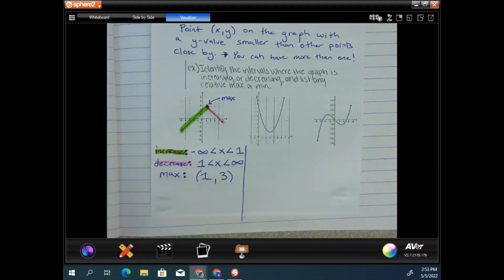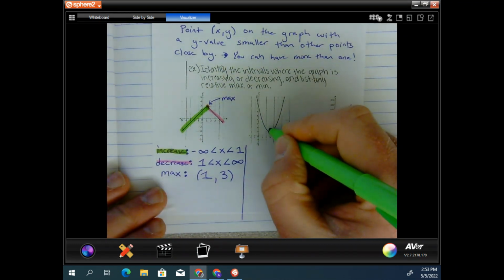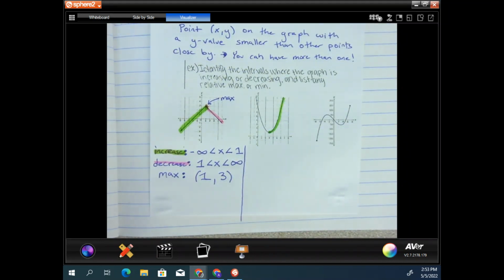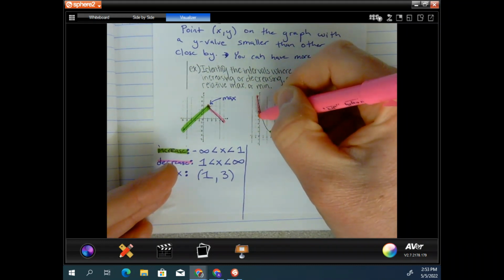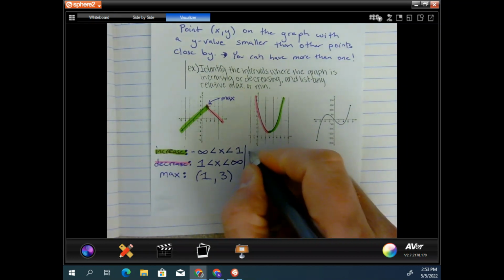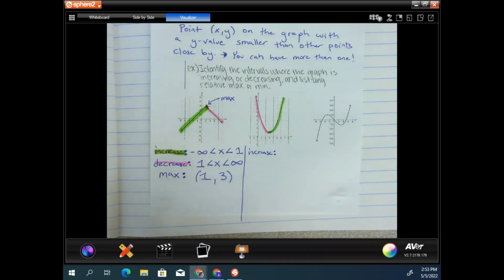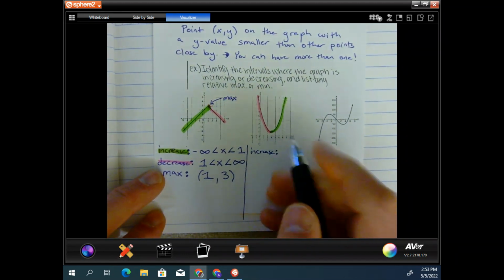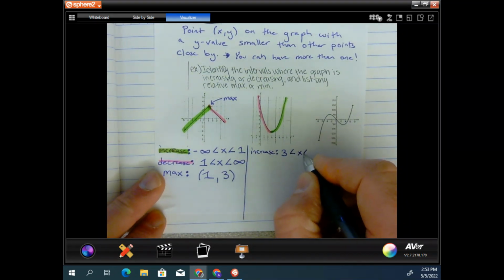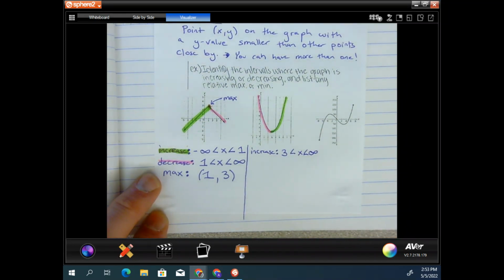And then I look at my next graph, and it does the opposite movement of my previous one. So here's where it starts increasing, which is green still, and here's where it's decreasing. I see increase, and it's increasing from my x value of 3, and it has an arrow, so it's going to go to infinity, and it's positive.